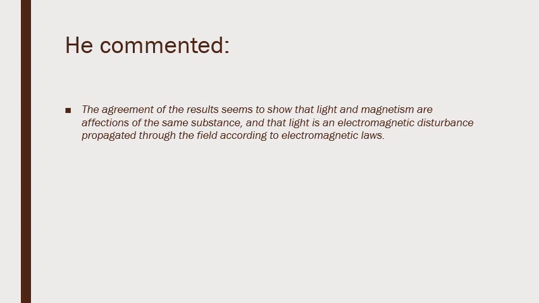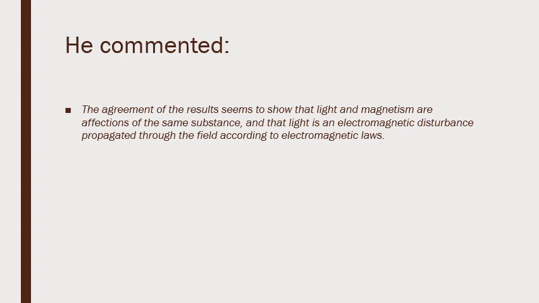An important significance of this wave is that when he calculated the velocity of that wave, he got the same number that we knew for a long time for a constant, the velocity of light.